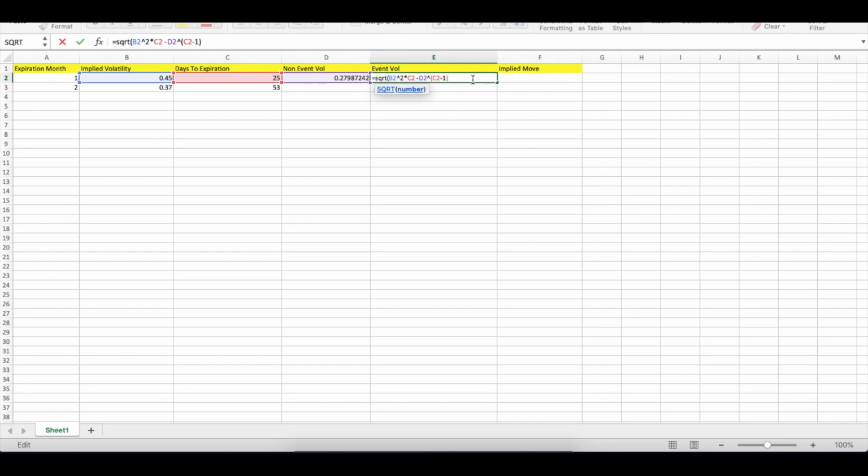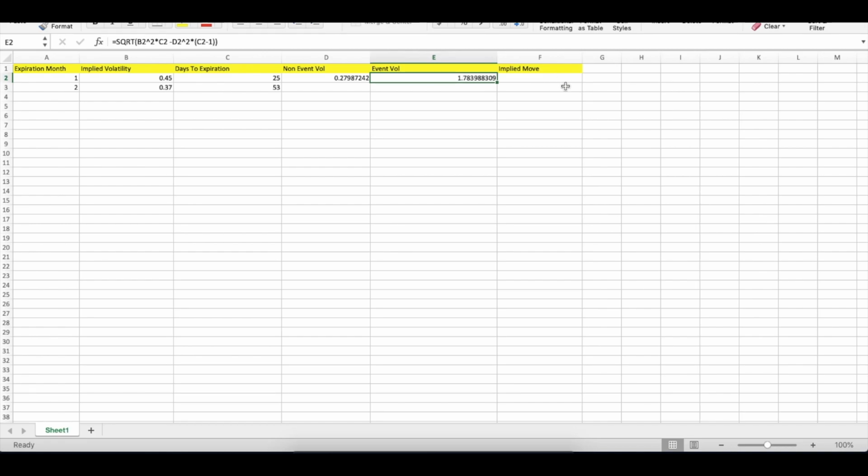Because we're taking 24 days of regular volatility out of the total volatility. Sorry, it's going to be the non-event volatility squared. I forgot to put a square there. Times. And we're going to close that up. And here we have our event volatility. So this is 178% for the event volatility.